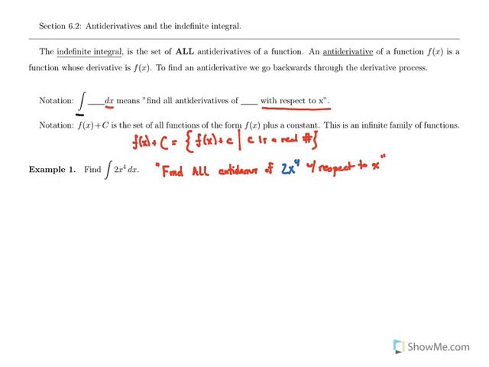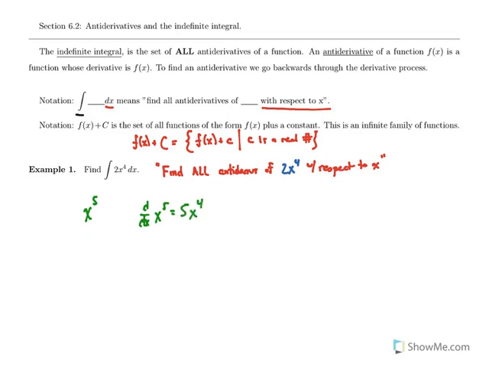So we're trying to find all functions that have a derivative of 2x to the fourth. Without using actual rules here, let's just play around with what will have a derivative of x to the fourth. Maybe we can think of something like x to the fifth, because the derivative of x to the fifth is 5x to the fourth.